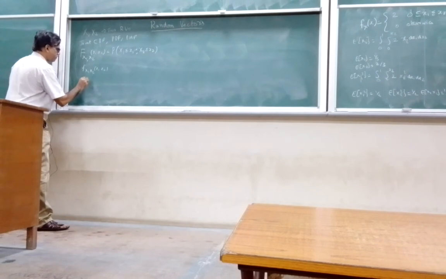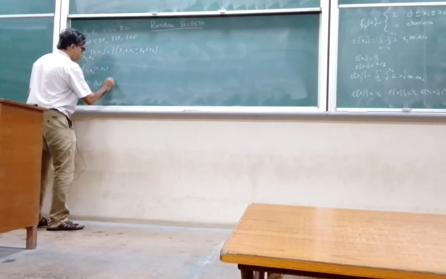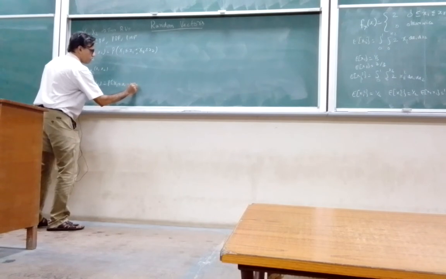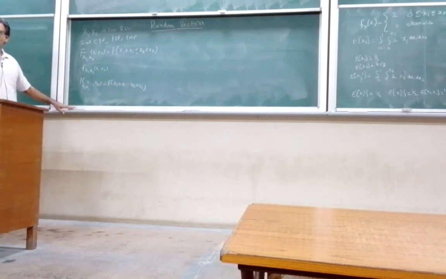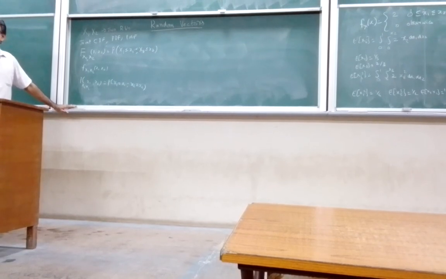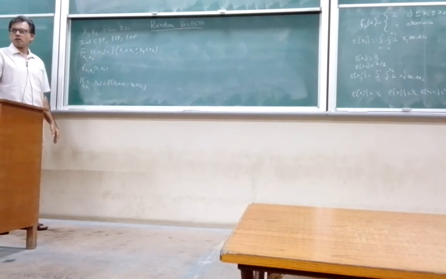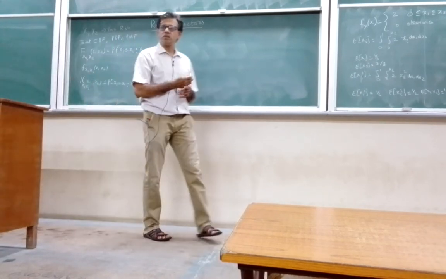For a discrete random variable, it is the probability that X1 equals small x1, X2 equals small x2, and so on. Then we also looked at how to get the marginal density functions of only one variable from the joint density functions. So now we can generalize it to n random variables.